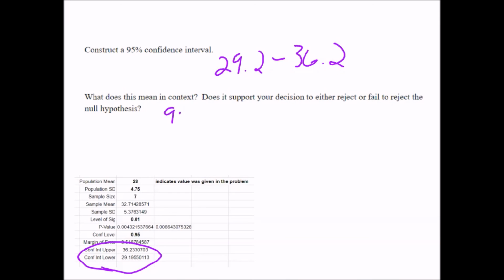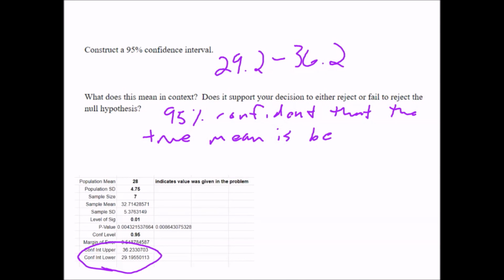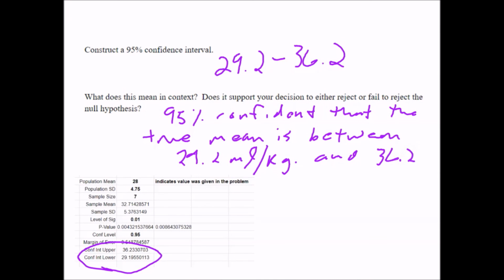Okay, what is it? So we're 95% confident that the true mean is between 29.2 milliliters per kilogram and 36.2 milliliters per kilogram. Now, does this support your decision?